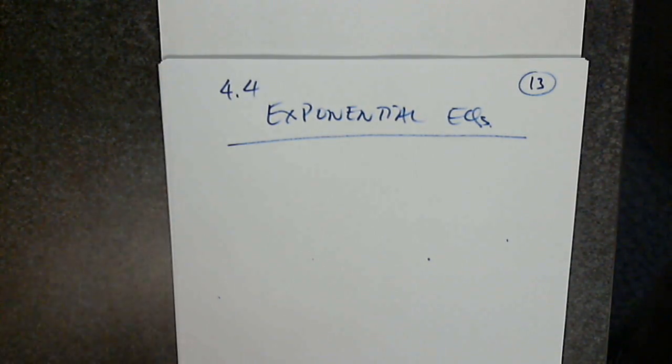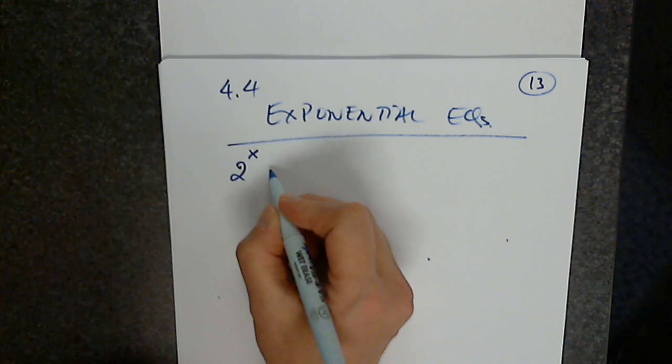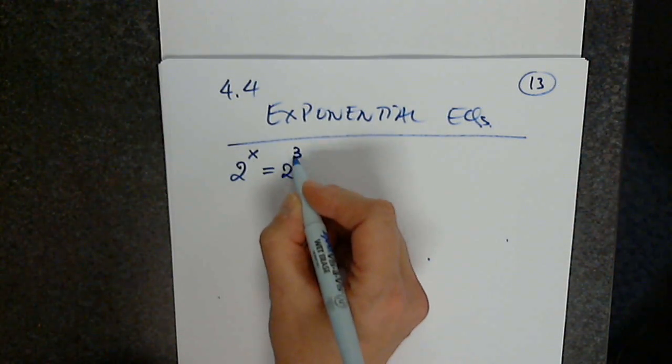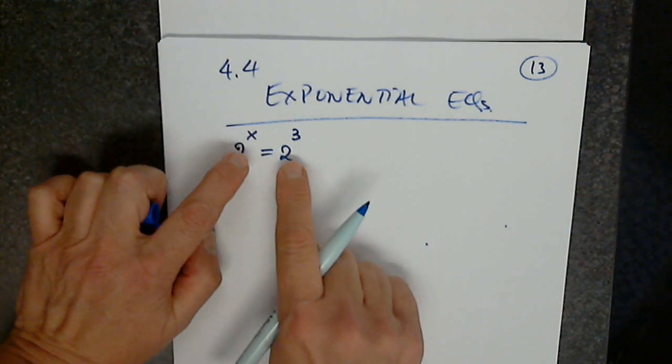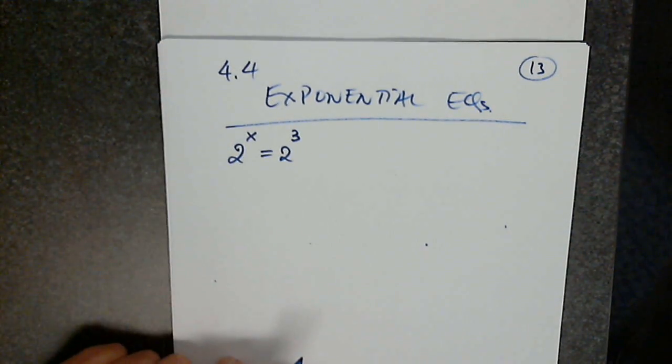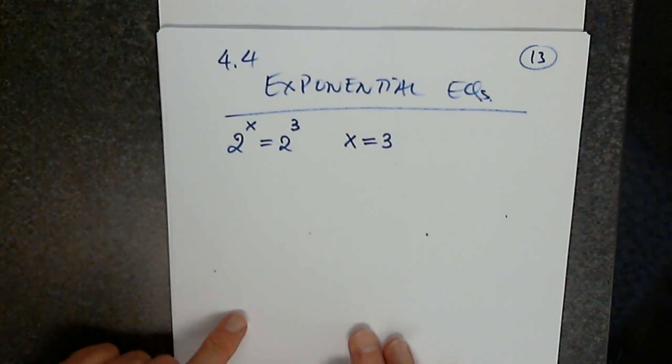Not difficult. Here's our first equation. Very easy. Two numbers are equal and they have the same base. How much is x? Good. Here's the next level now.